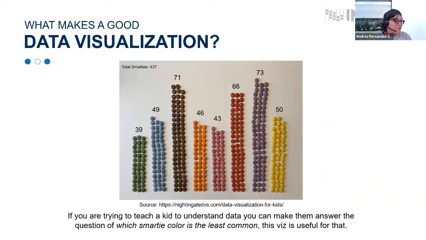And this is a great visualization if you're trying to teach a kid to understand data, and you can make them use their Smarties and try to answer the question of which Smartie color is the least common. That is a really great visualization to improve their statistical literacy and understand data visualization in particular.